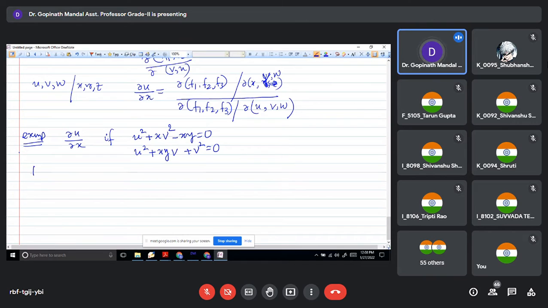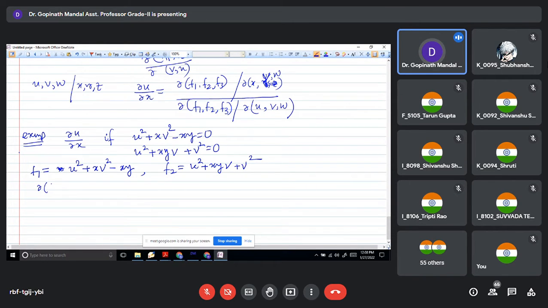So here the first function f1 is equal to u square plus x v square minus xy, and the second function f2 is u square plus xy v plus v square.